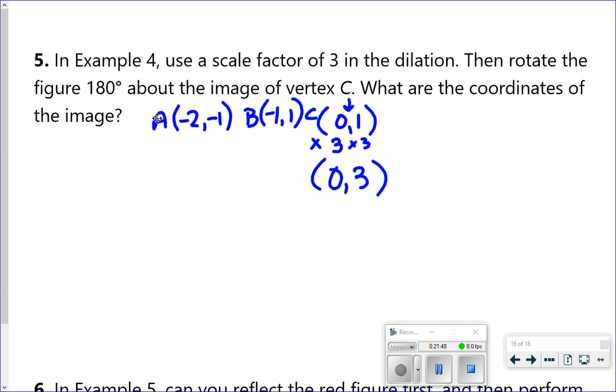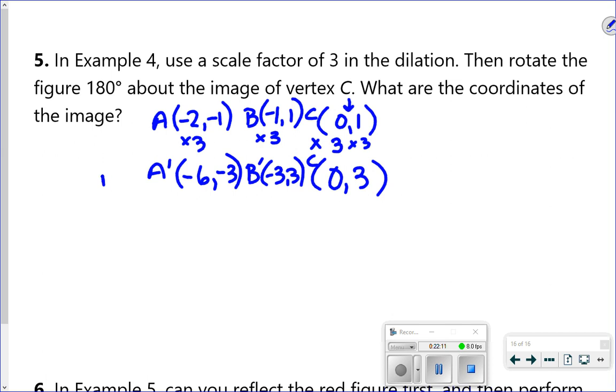The times 3s are still okay. So my new one, if I do my times 3s and my times 3s here, copy of A would be at -6, -3. Copy of B is going to be at -3, 3. Copy of C, that's the 0, 3. So all of that is fine, but the rotation of 180 degrees around vertex C, that is going to be easiest to see if we sketch it out. So I am going to just do a quick coordinate plane right here.